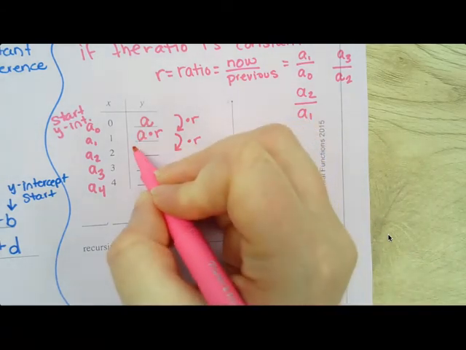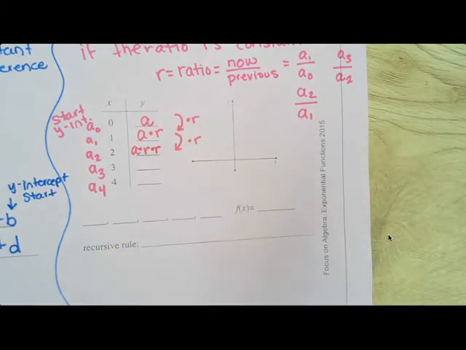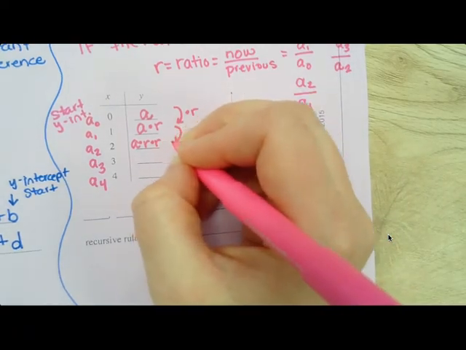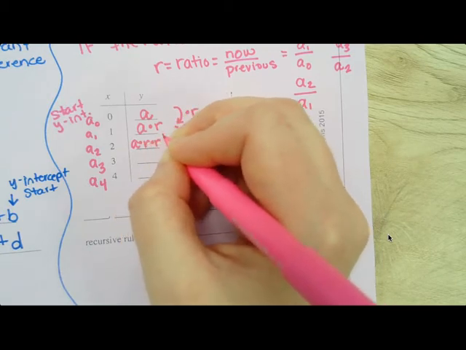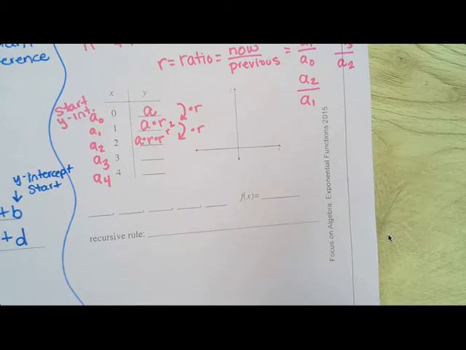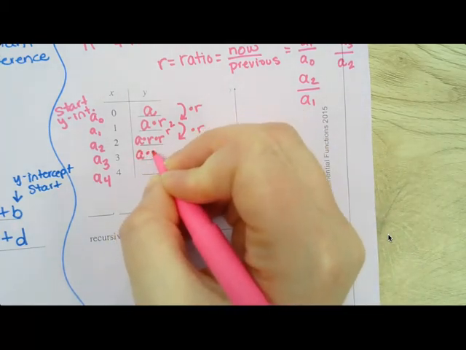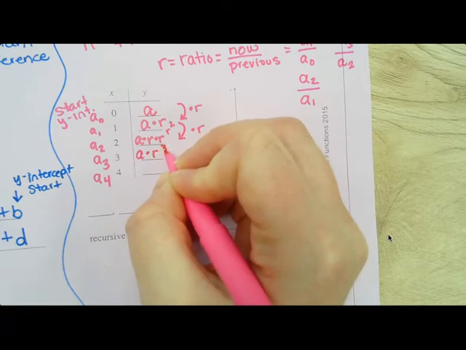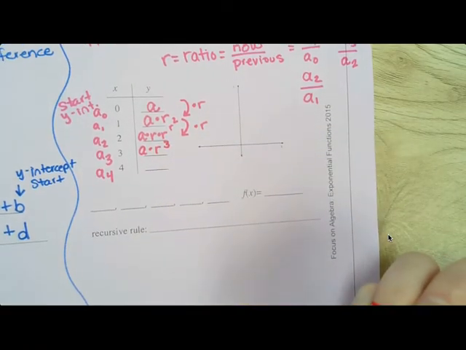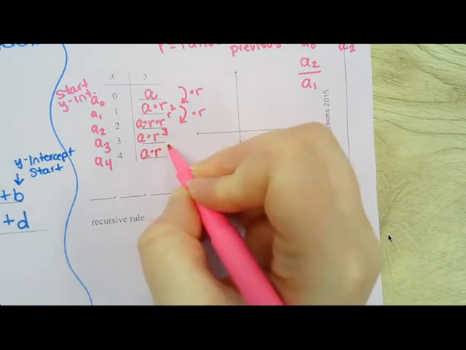So then the next one, A times R again. That's repeated multiplication, which we can make easier by saying that R times R is R to the second power. Then the next one would be A times R to the third power. Then the last one would be A times R to the fourth power.